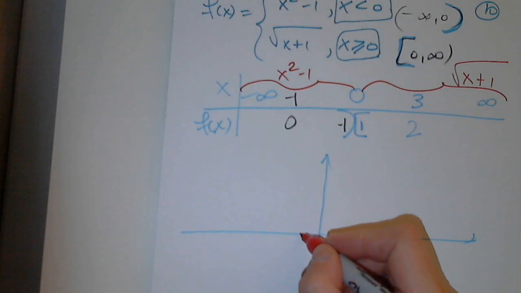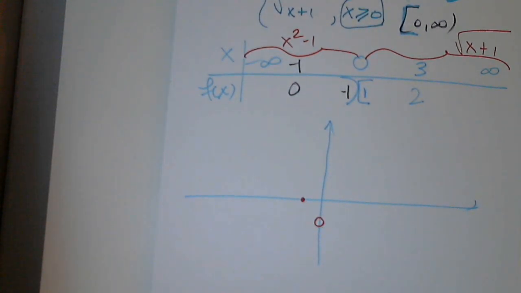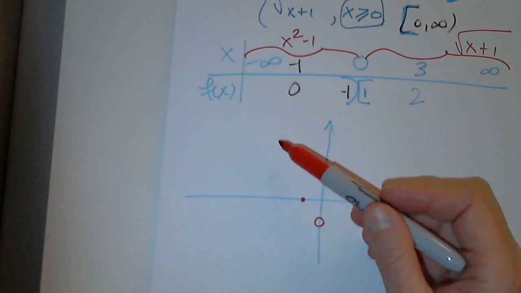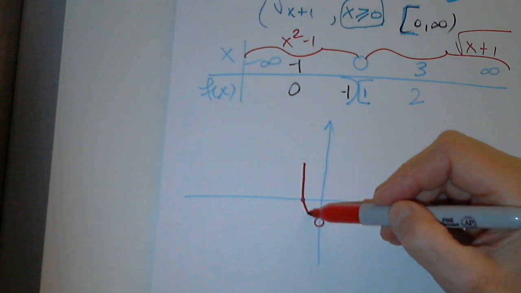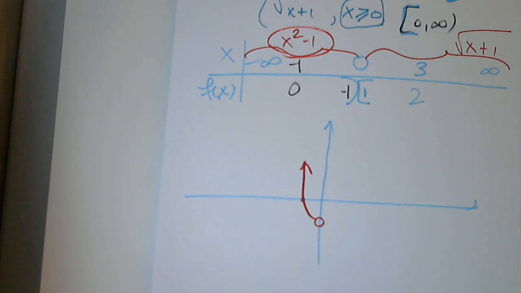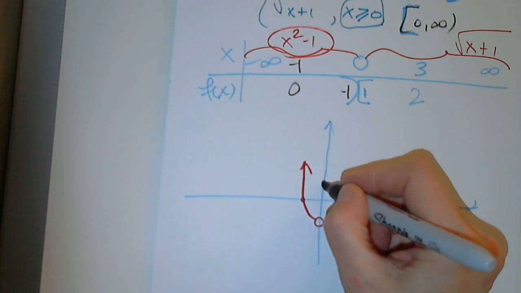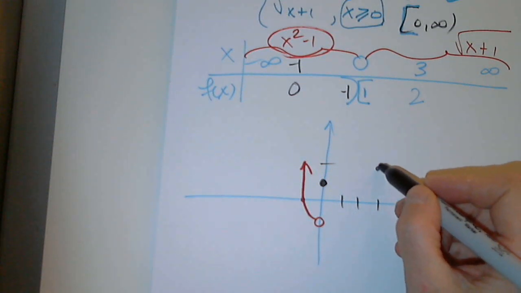Negative 1 is 0. At 0 is negative 1 with an open point. The graph again should have been this, but now it's down 1, and this is only the left-hand side of 0. That's it. Only the left-hand side of 0. On the right-hand side, and that's why intentionally I'm using a different color, I start at 0, 1, which is a full point, and at 3, I get 2.